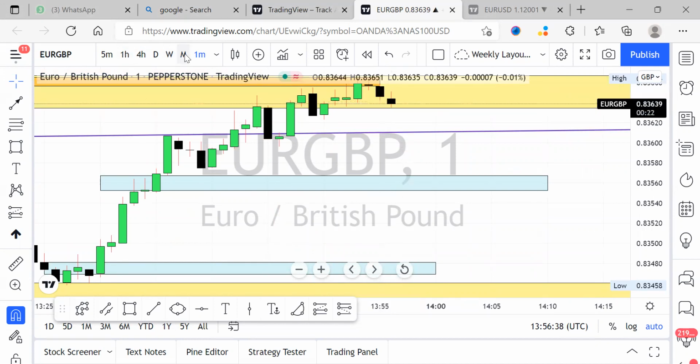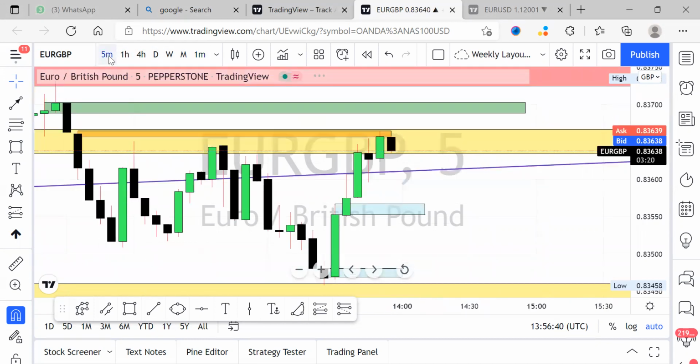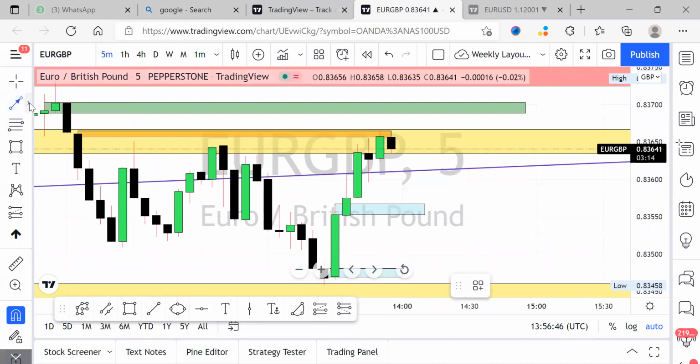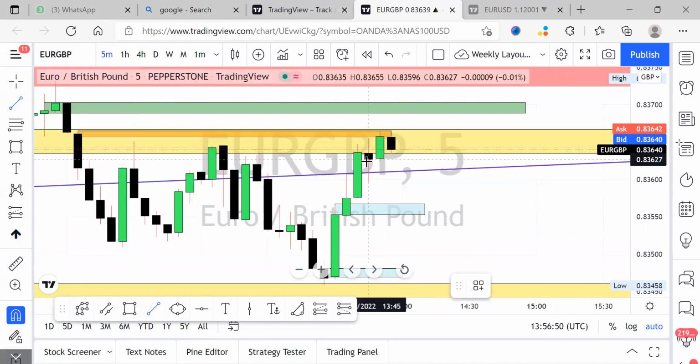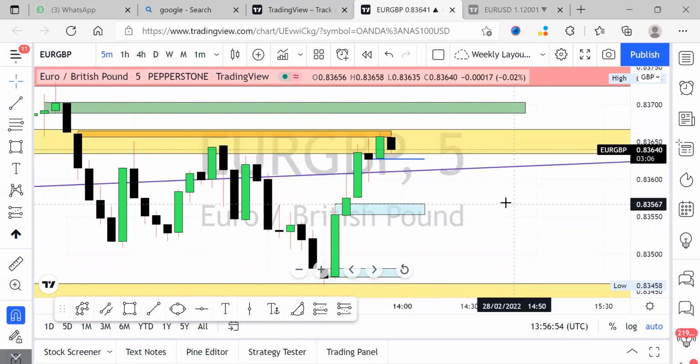If we now look from the 5-minute point of view, the short-term high that I keep on referring to is here. That short-term high must be broken, then retested, and then you could enter. Unless that's done, you can't enter.